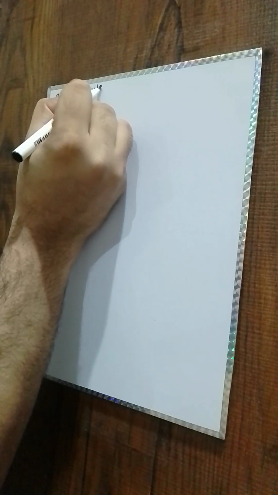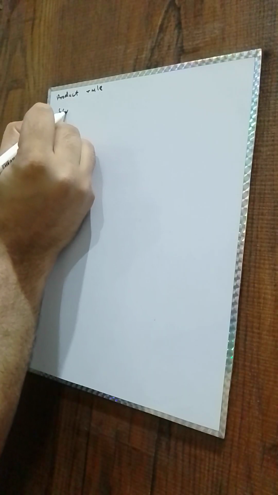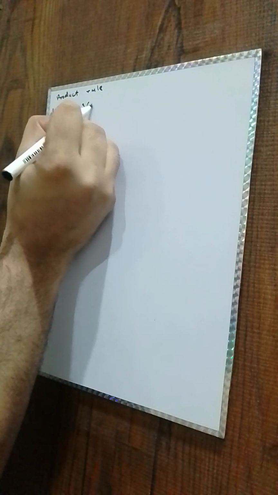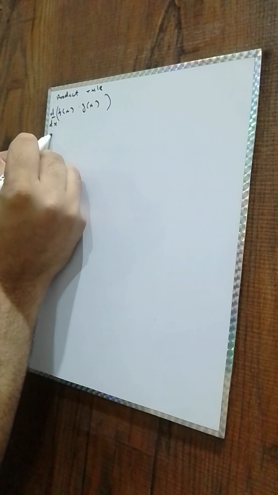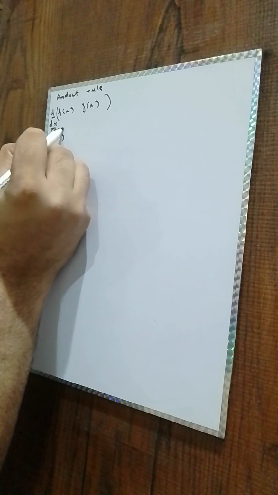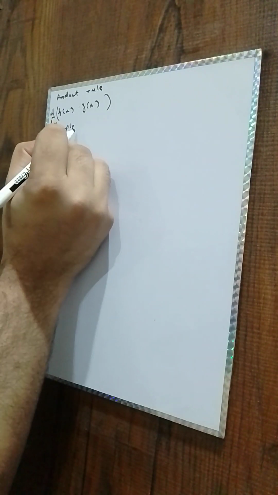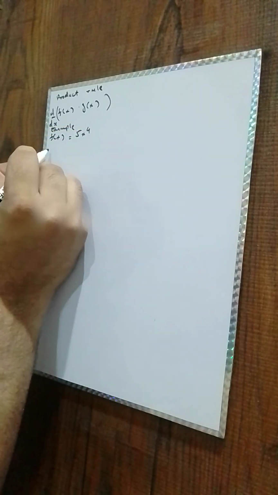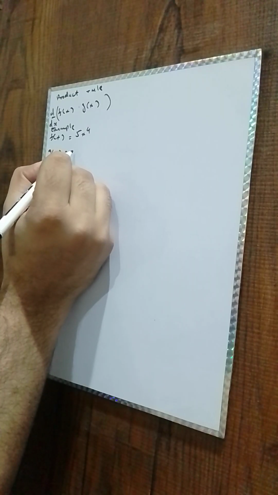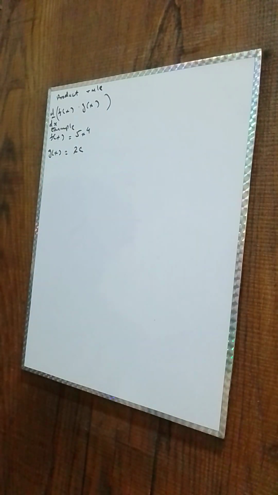In this case, we are supposed to find the derivative of f of x dot g of x, where f of x, let's say in our example, is 5x^4, and g of x is 2c, where c is a constant.